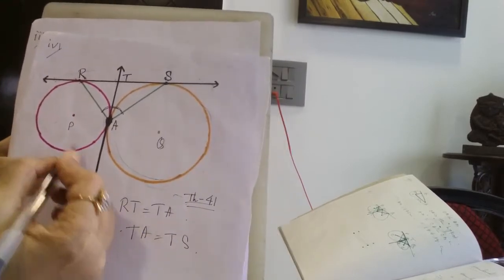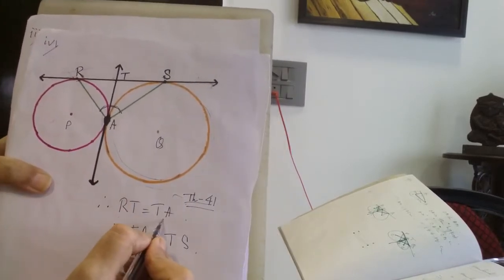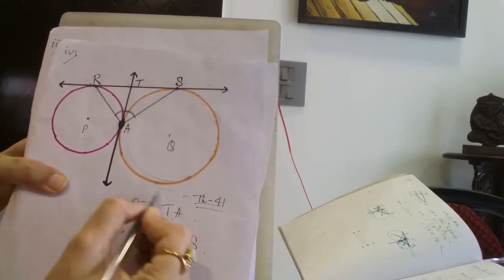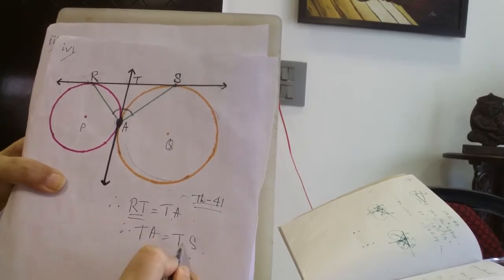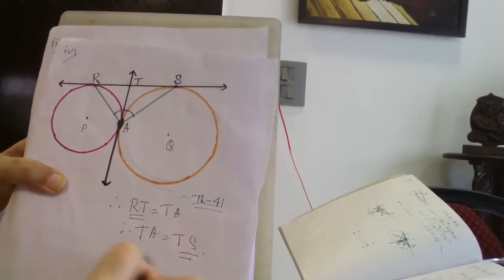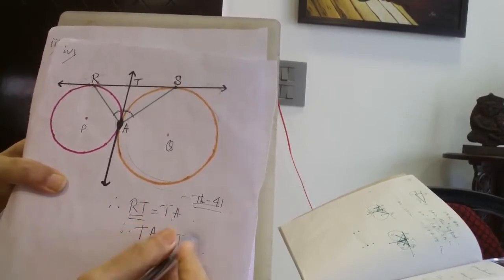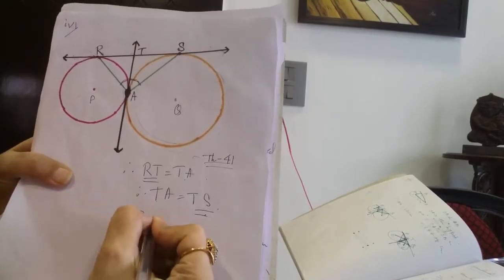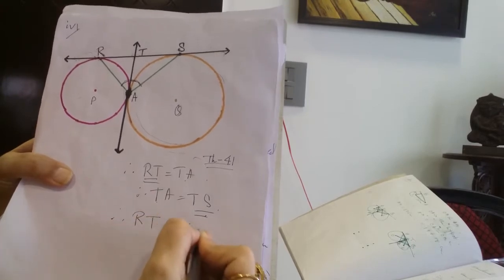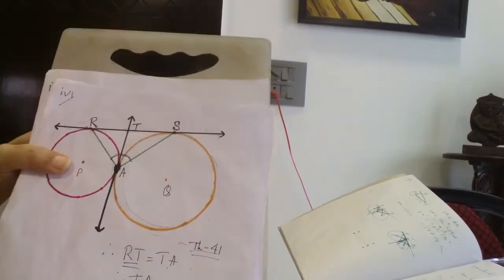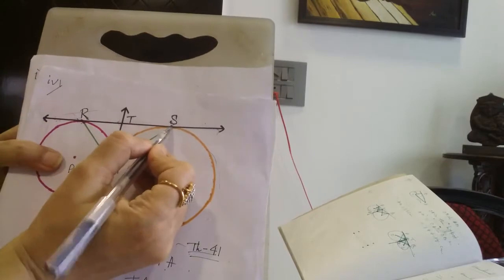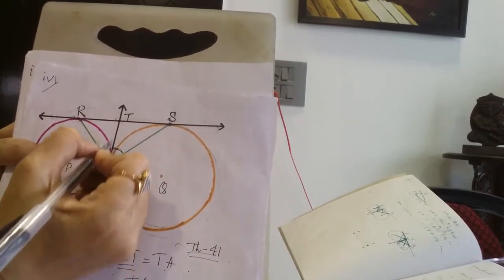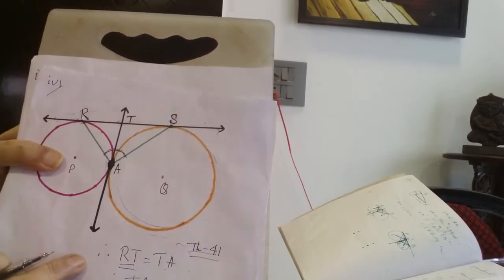Now from the previous circle we got RT equals TA, and here we are getting TA equals TS. So from here we can write RT equals TS, as both of them are equal to TA. When RT equals TS, that means T is the midpoint. So it is clear that AT bisects RS.